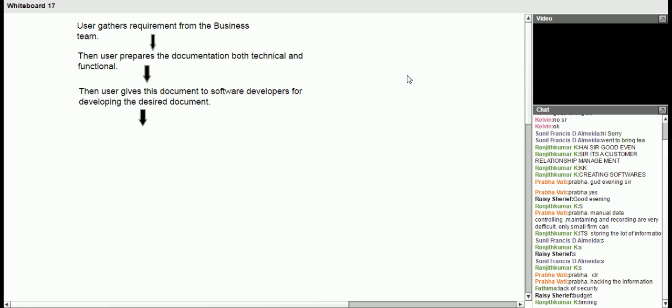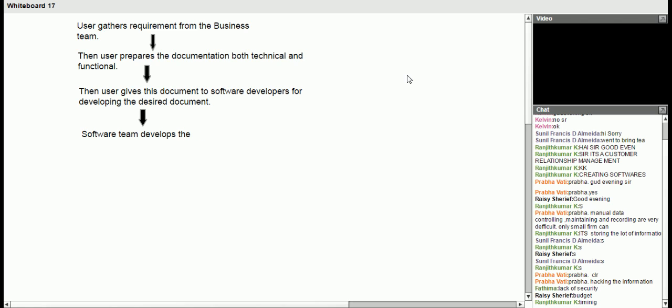Then the software team develops the software.